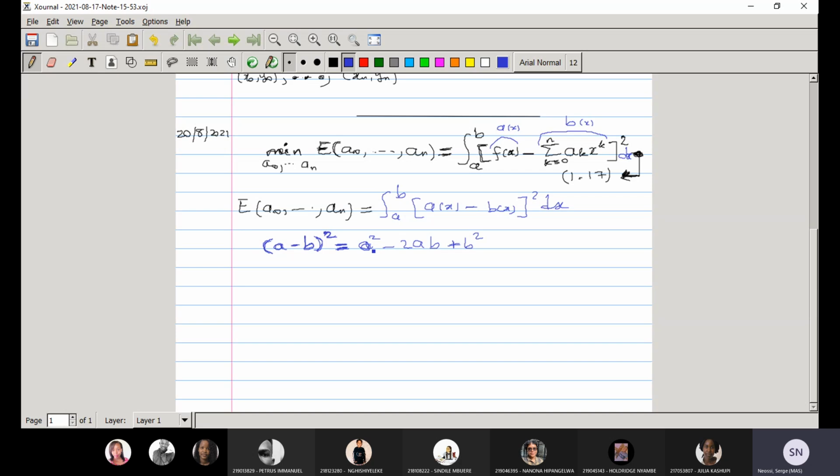The squares are positive, and when it's a difference under the square, the cross product is negative: negative 2 times a times b. It's really easy to remember. Since high school, I've been remembering this formula. I don't memorize. Good.